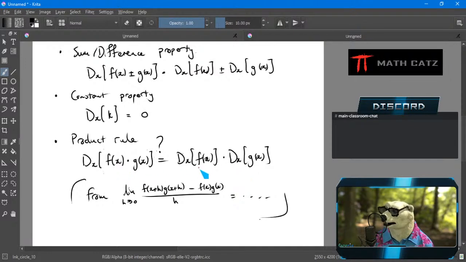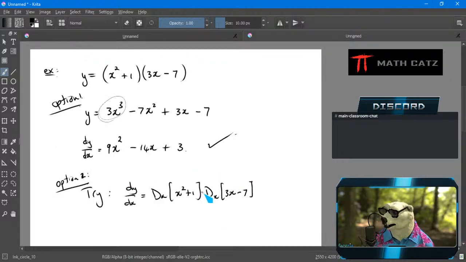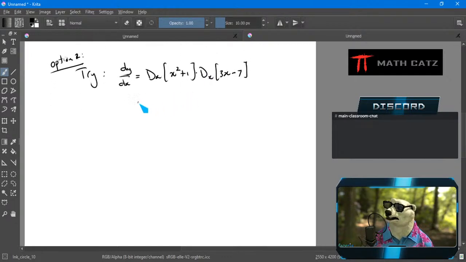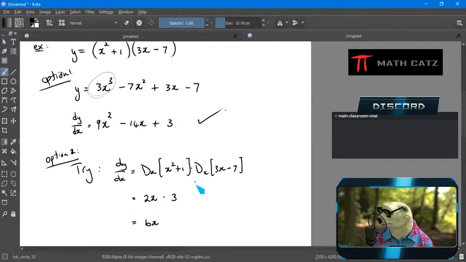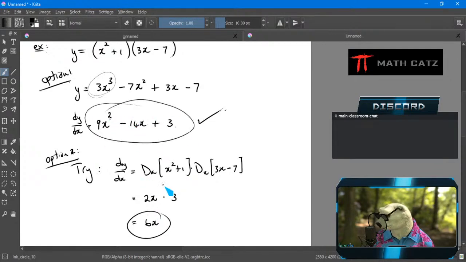Looking at each of the factors and their derivatives and then putting it together in the same way. So that would require this line. Again, I'm just trying it. So the first derivative is 2x, of course. The next derivative is 3, and that would give me an answer of 6x. And you see, I'm not even close. This isn't even close to the same. It was the same original function. Answers, nah, not correct.